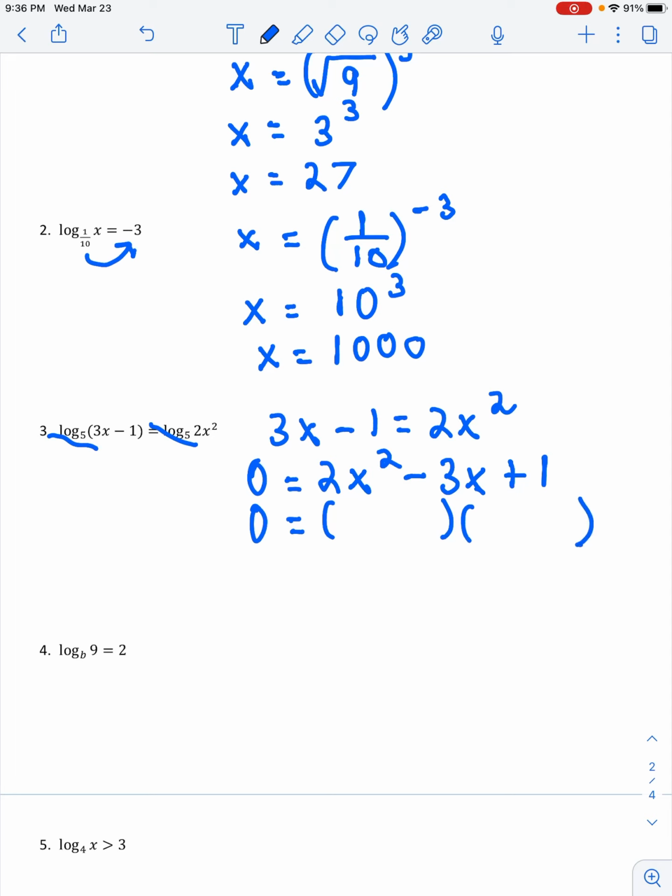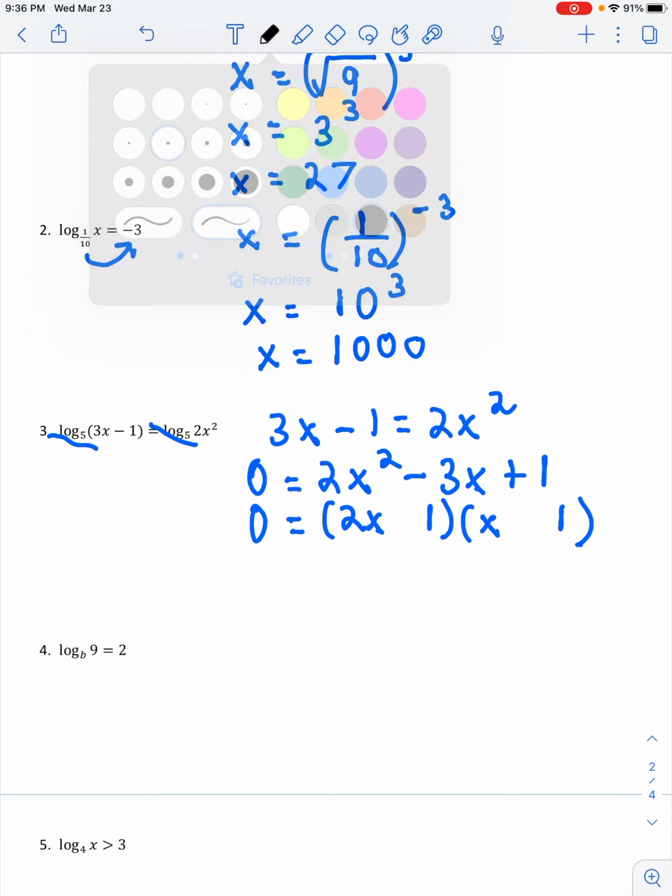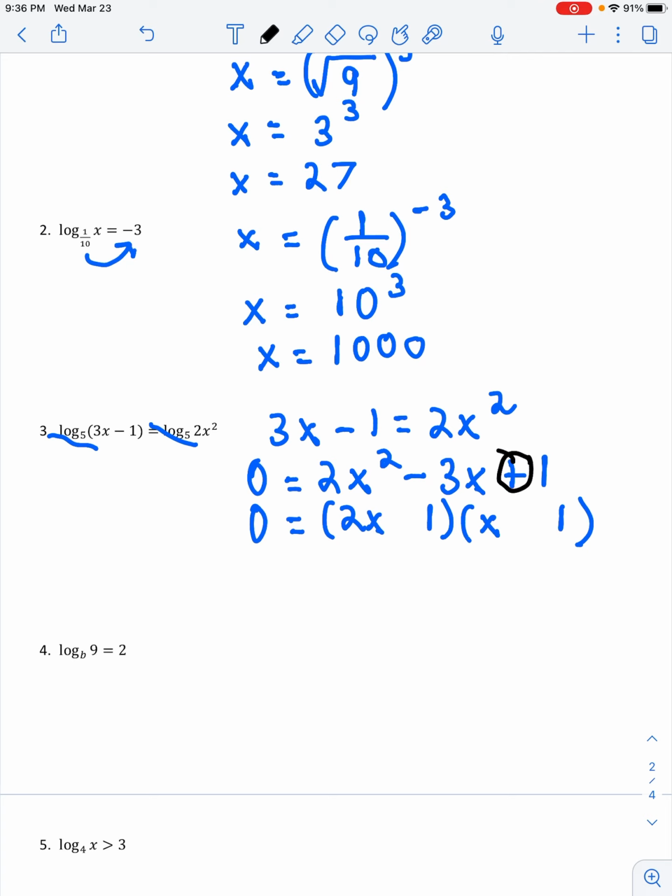I know for the first position to be 2x squared, 2x and x would have to be what I use. And for the last term to have a product of 1, it would be 1 and 1. Checking my outside product, that would be 2x, and my inside product 1x. And that does have a sum of 3, because remember, that's what we're looking for. And so the good news is it works.